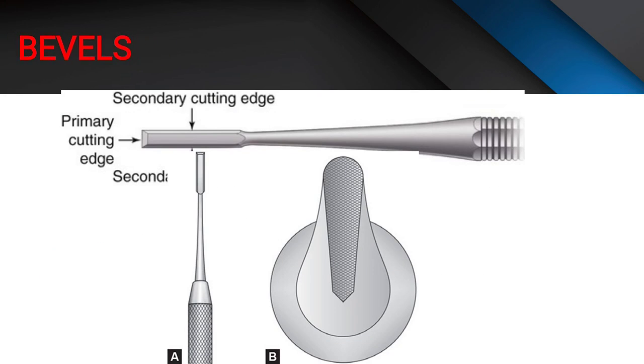Instrument bevels. Most hand cutting instruments have a single bevel at the end of the blade that forms the primary cutting edge. A bevel is a slope which is given to impart the cutting action to an instrument. And there are bi-beveled instruments, an example of which is the ordinary hatchet.